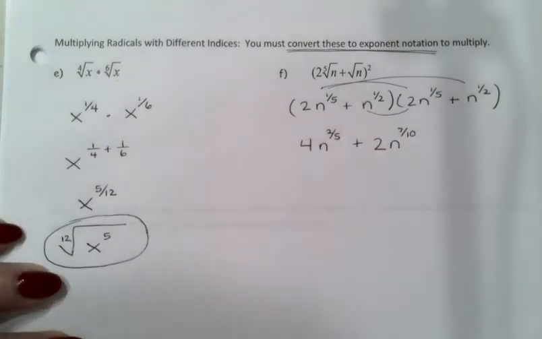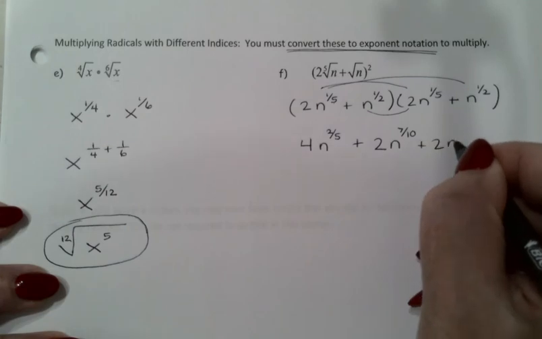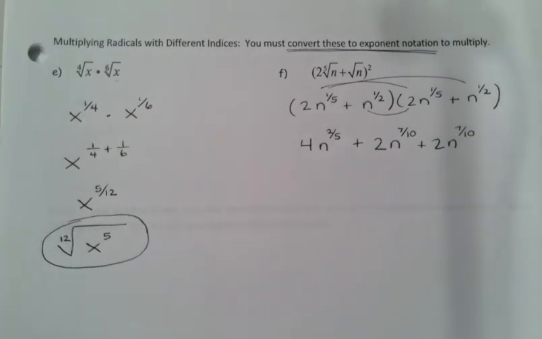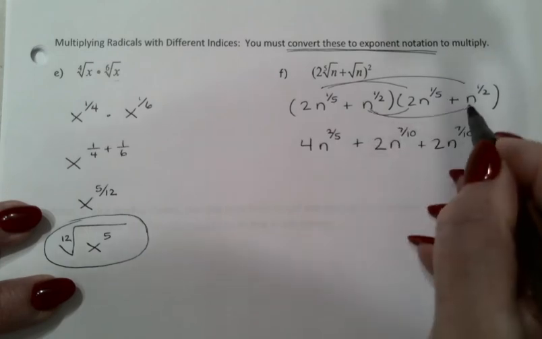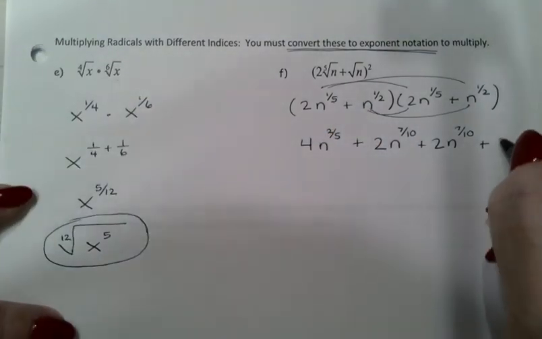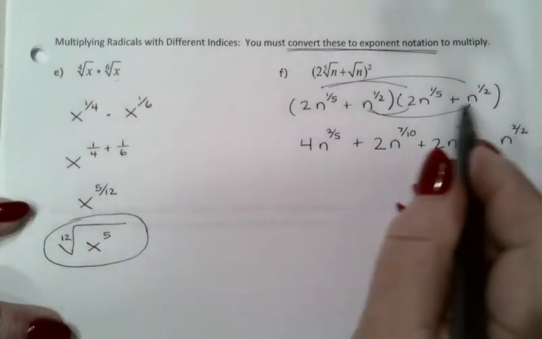All right, inners, really the same exact thing, right? Plus 2, and then I'd add the 1/2 plus 1/5, which I just did, so n to the 7/10, plus n to the 1/2 times n to the 1/2 is technically n to the 2/2 when I add the powers.